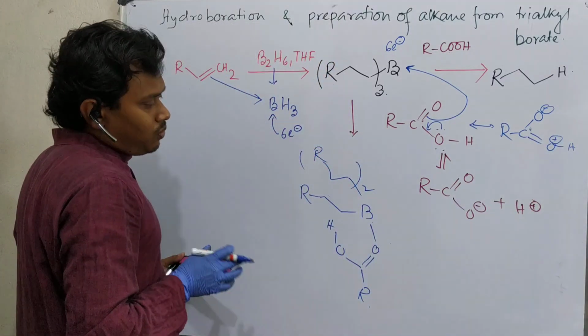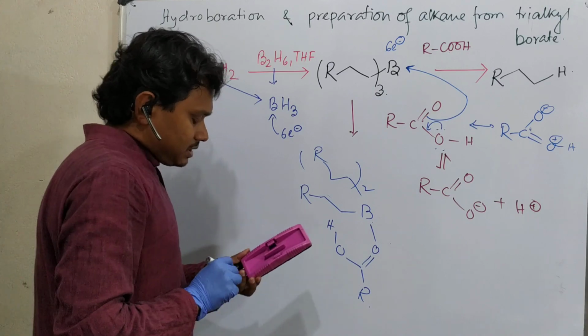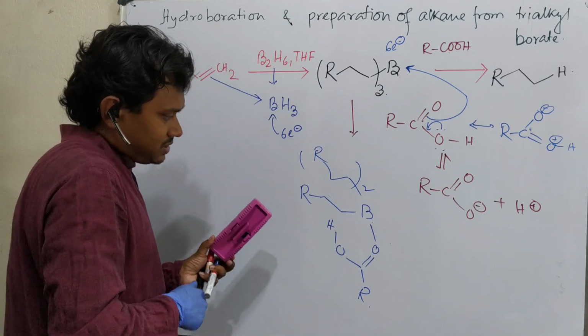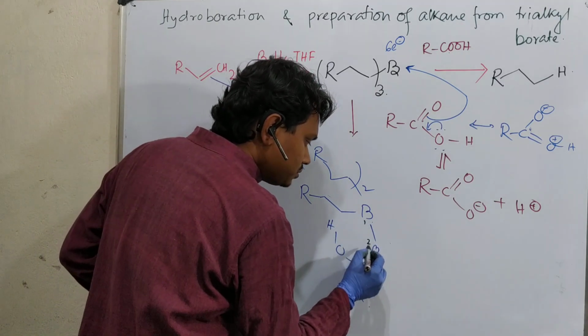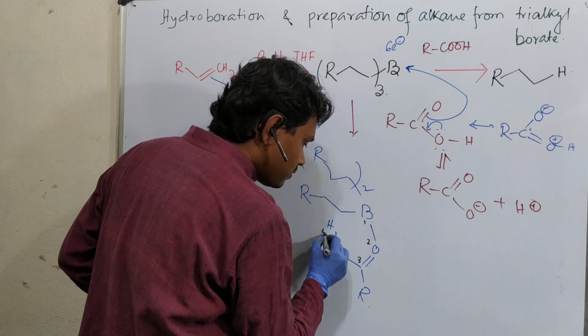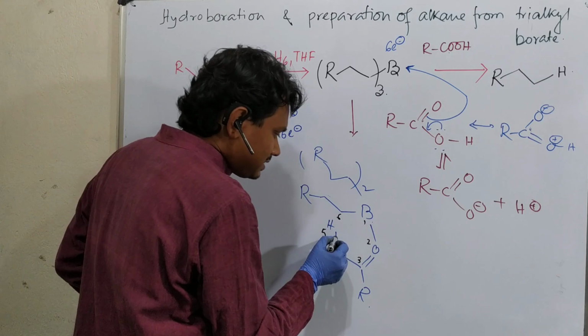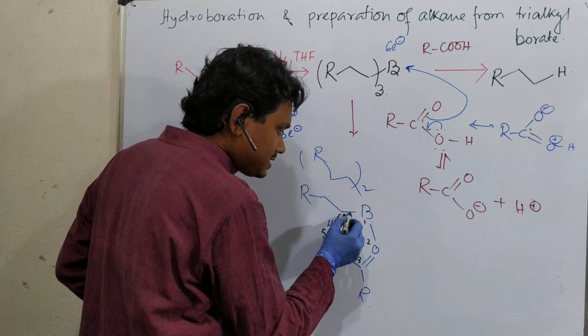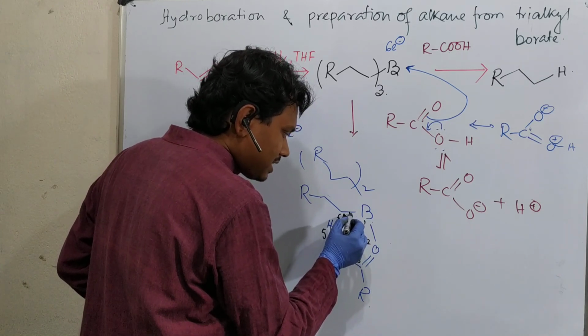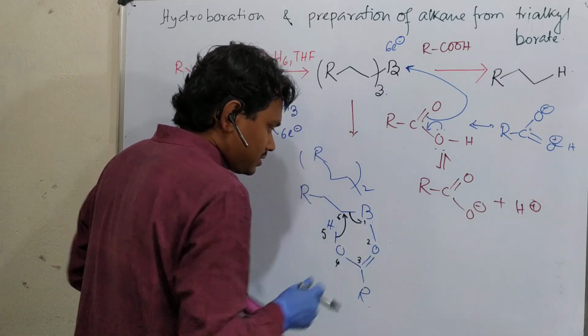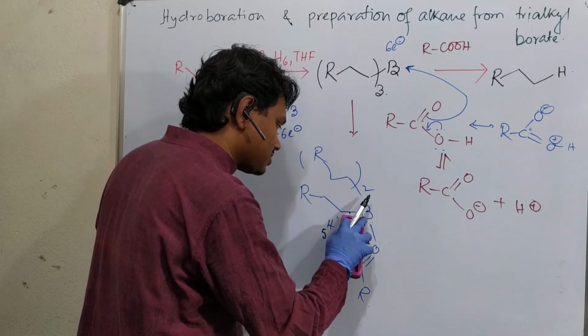Now what can happen? See, check the ring numbers. Means 1, 2, 3, 4, 5, 6. So what will happen? This will be transferred to this. Sorry, I made a mistake. This is H plus, not hydride.